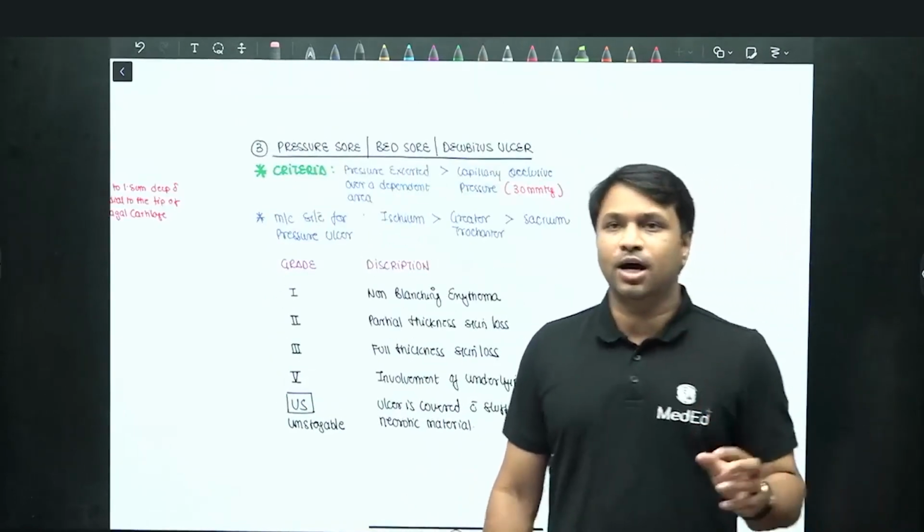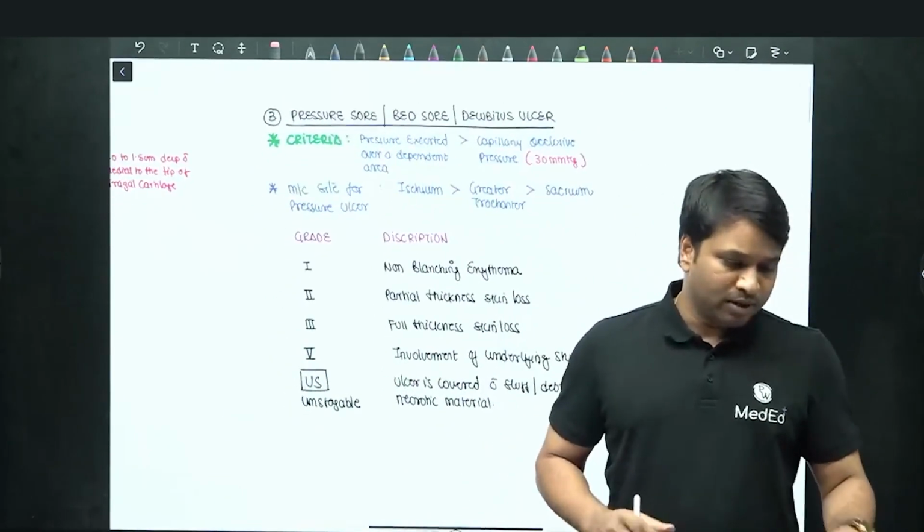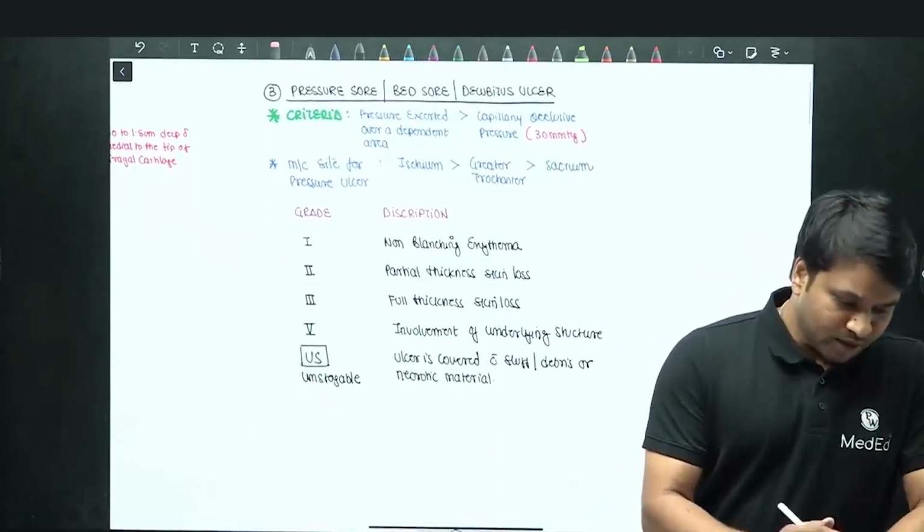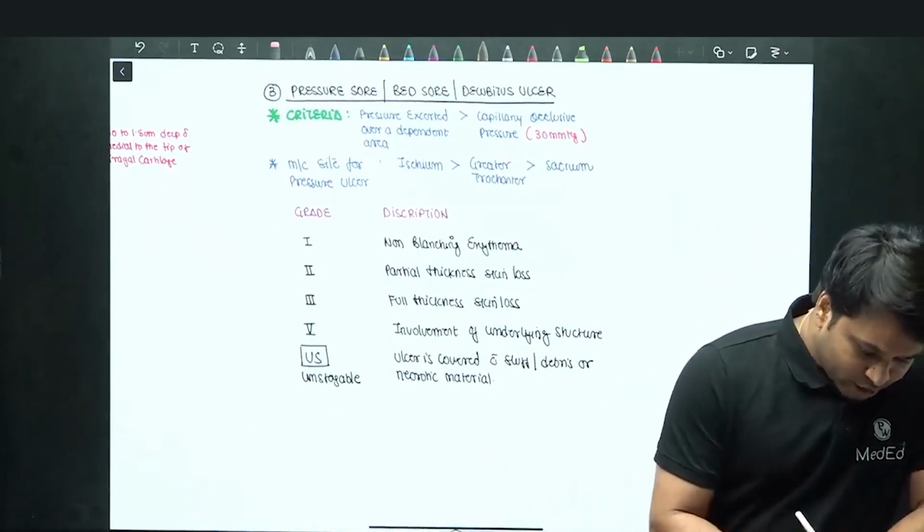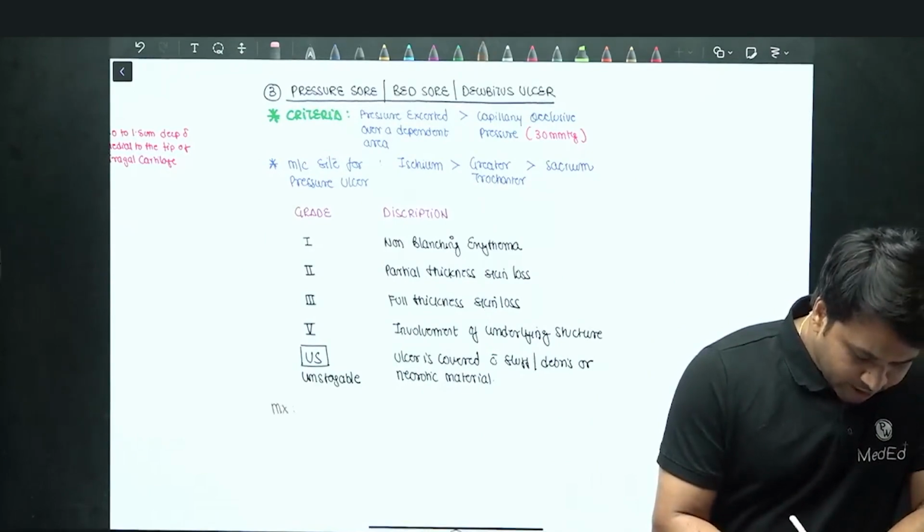We'll call this an unstageable ulcer. Now remember, whenever we talk about the management of pressure ulcers, it has to be preventable.